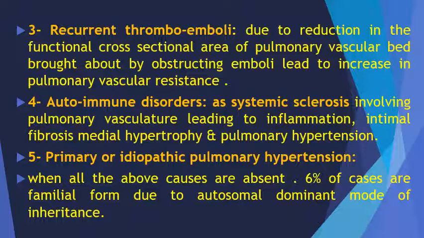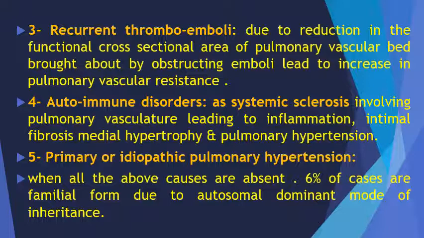Another cause is autoimmune disease, as in systemic sclerosis, that involves the pulmonary vasculature, leading to inflammation, intimal thickening and fibrosis, medial hypertrophy, and a decrease in the lumen of the blood vessels, which increases vascular resistance and subsequently causes pulmonary hypertension.